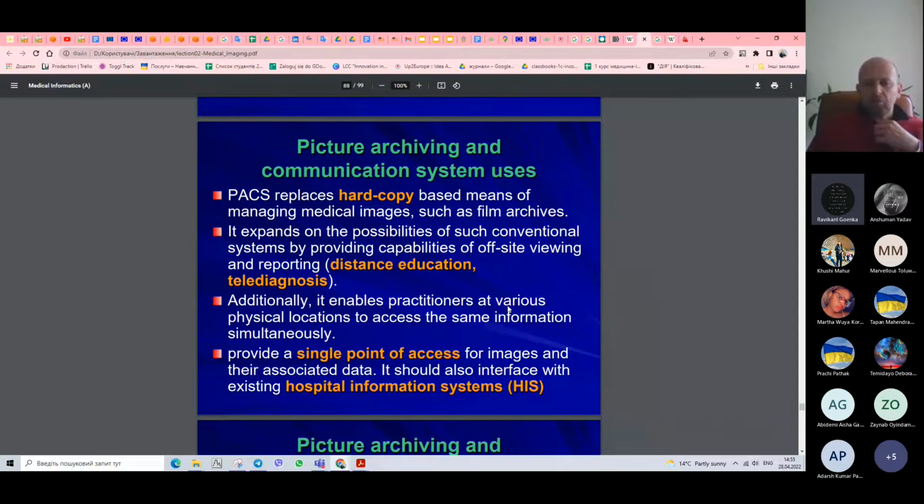Additionally, it enables practitioners at various physical locations to access the same information simultaneously, providing a single point of access for images and the associated data. It should also interface with the existing hospital information system.